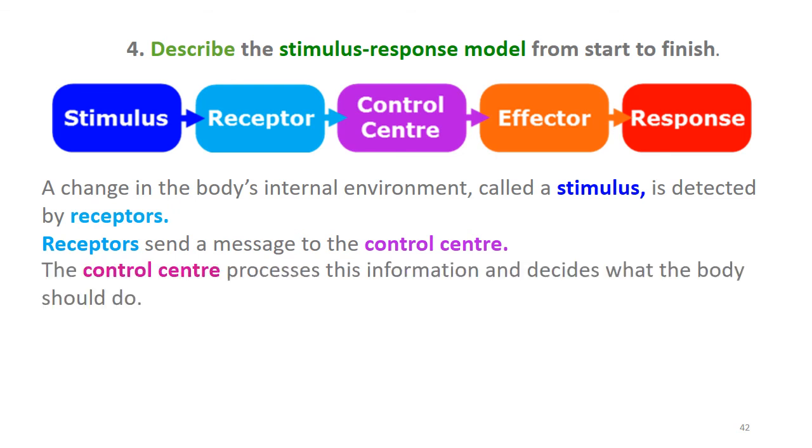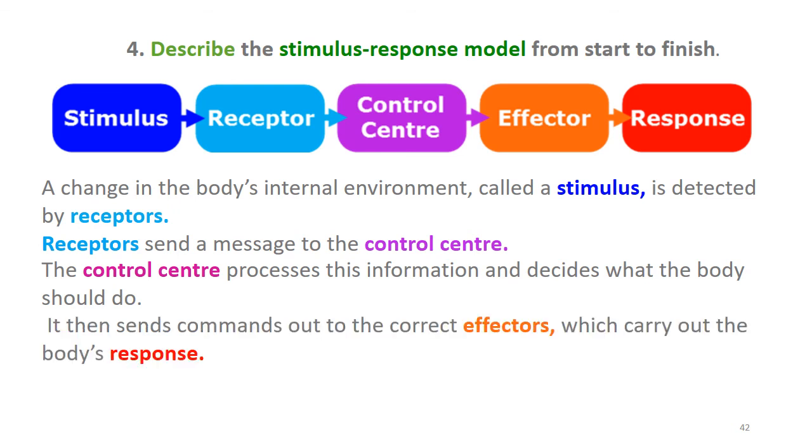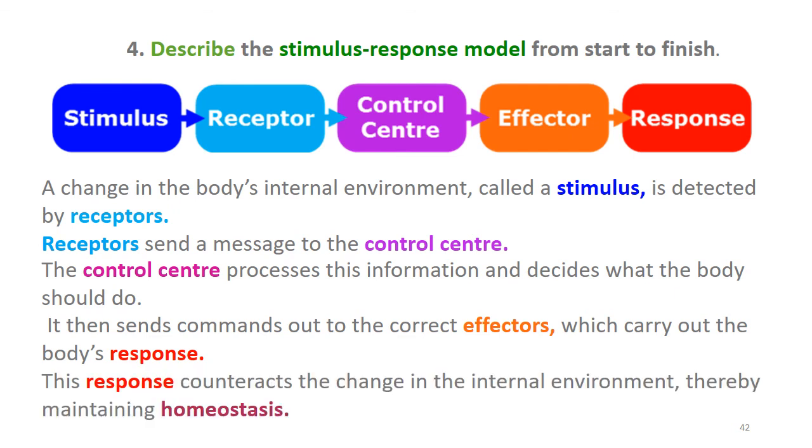The control centre processes this information and decides what the body should do. It then sends commands out to the correct effectors, which carry out the body's response. This response counteracts the change in the internal environment, thereby maintaining homeostasis. This is a balance in the body. The body is so amazing.